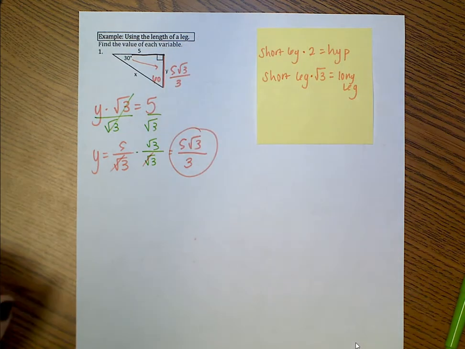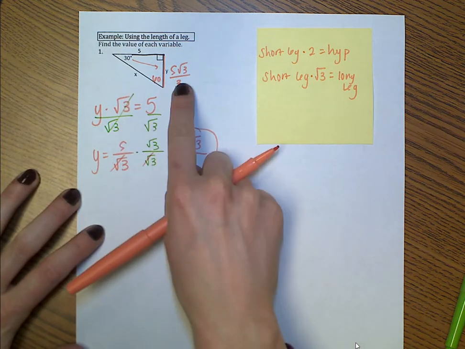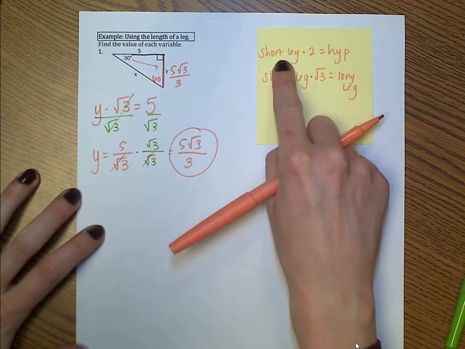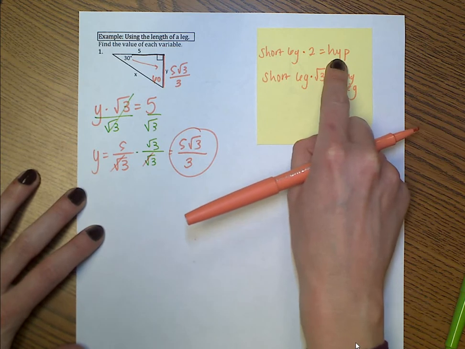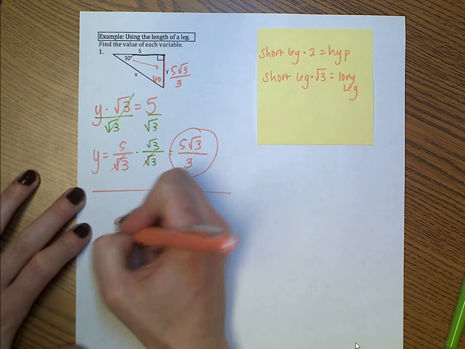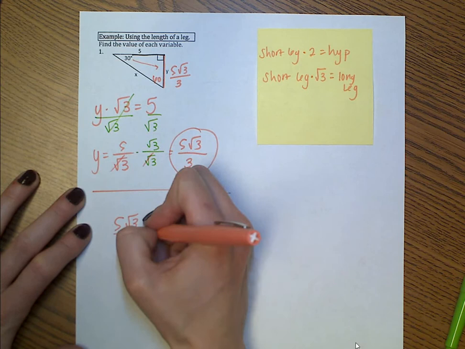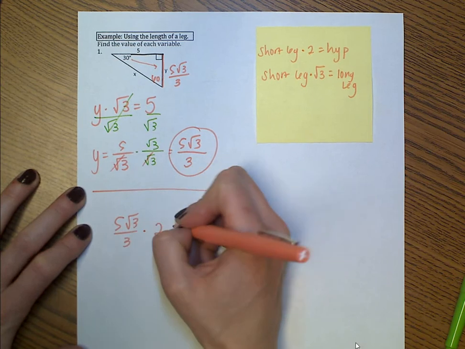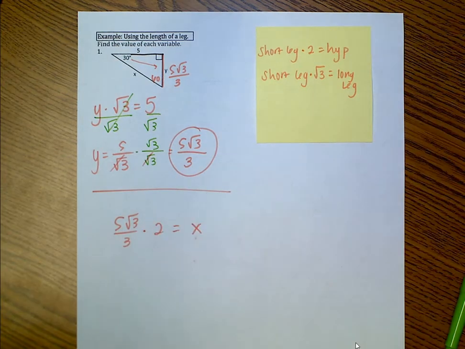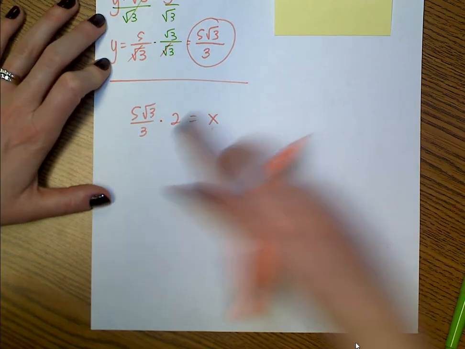That's the short leg. I need the hypotenuse still, so I'm going to do the short leg times 2 to give me the hypotenuse. So short leg is 5 radical 3 over 3. To multiply that by 2, that'll give me the hypotenuse, which is x. This is really gross, but to multiply this, you ignore the radical.